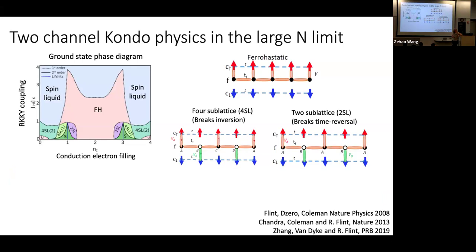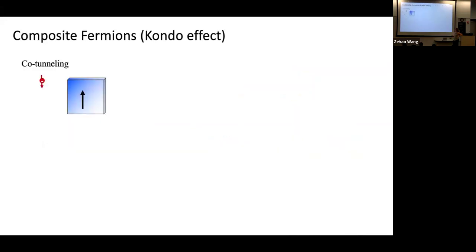Yeah, no, I don't know that it's been done. Okay. That's a good question. Yeah. So this ferrostatic phase, that's also what Piers proposed in this Wugalter et al. paper. Yeah, I will show that very soon. Okay. So good. Okay. Any other questions?